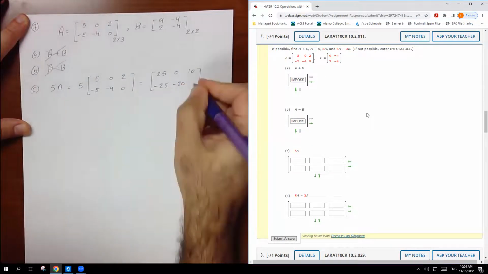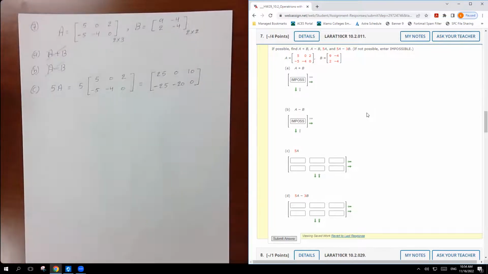And 5 times 0 is going to be 0. So we can multiply by a scalar because it's only one matrix. We don't have to check the dimension. And here's 25, 0, 10, -25, and here is -20, and 0.